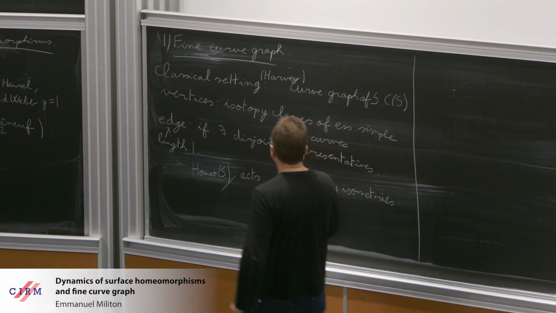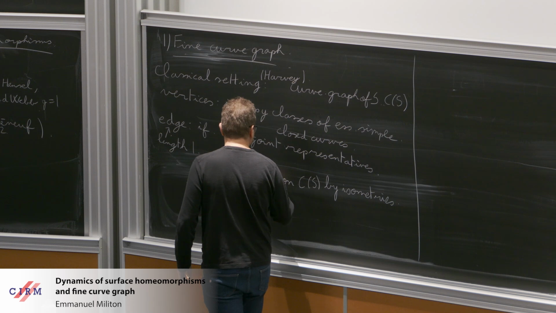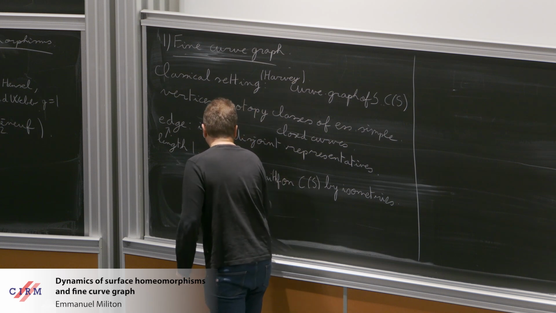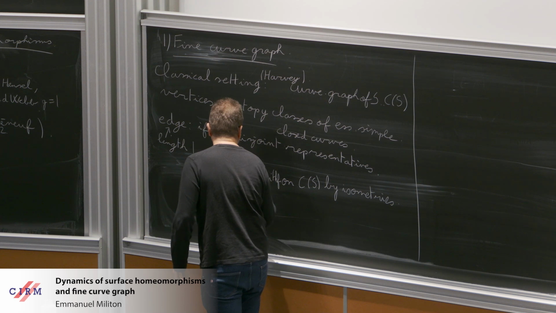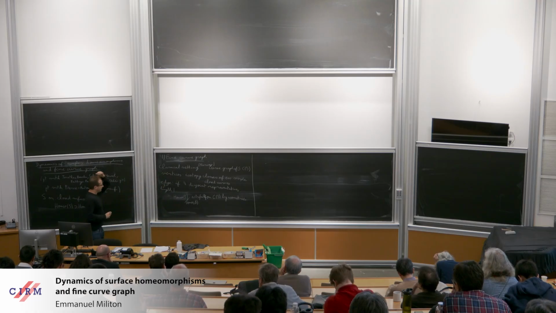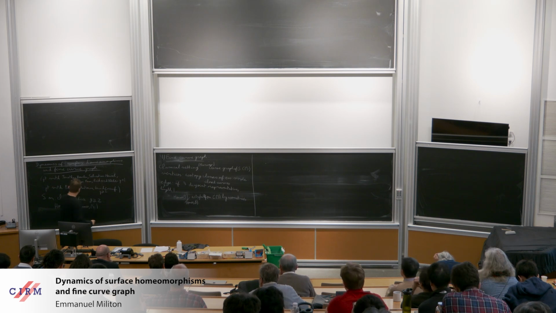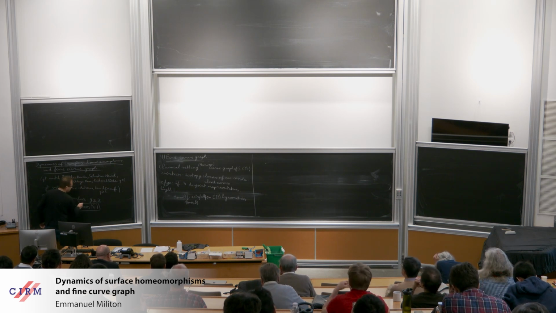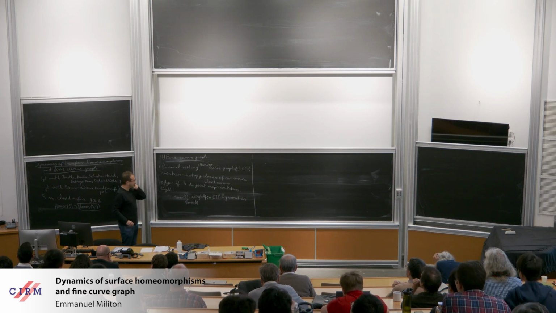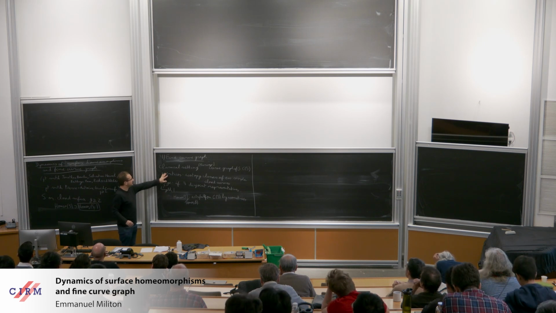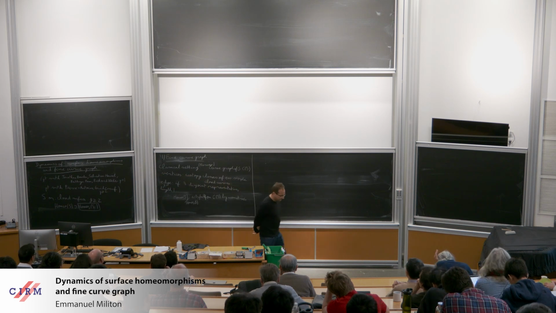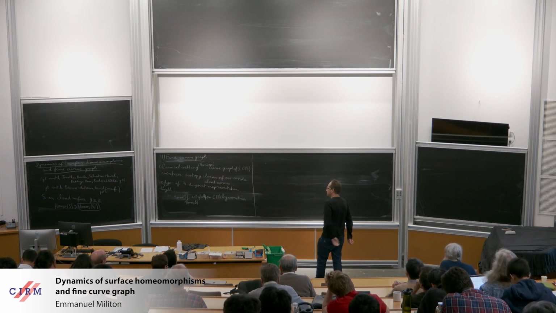So if we want a faithful action, we have to look at the mapping class group. And okay, as the group I'm very interested in is this one, we kind of have a problem, but still it's a nice tool to study the mapping class group. So this group.